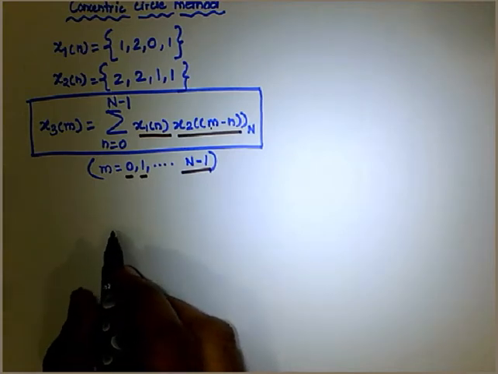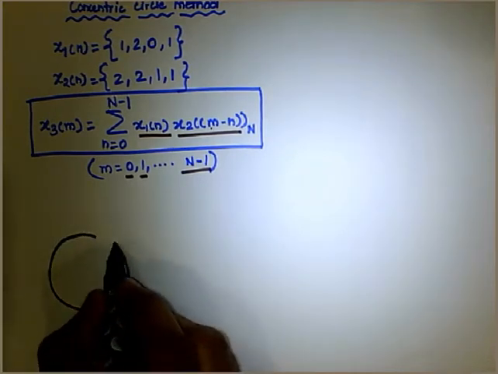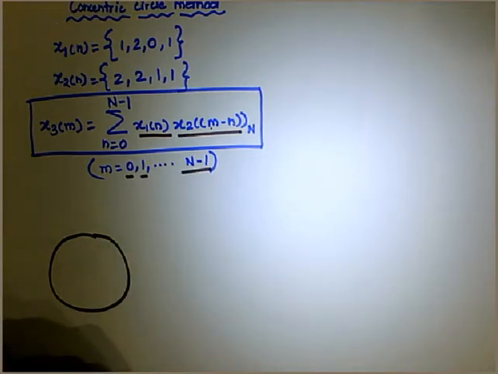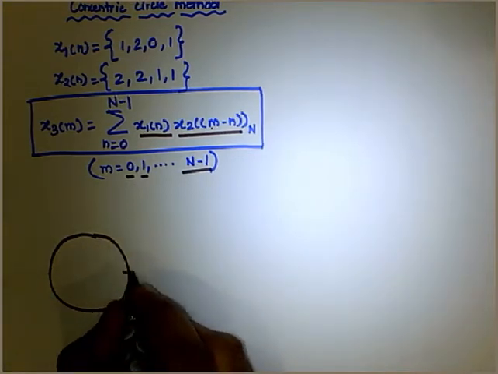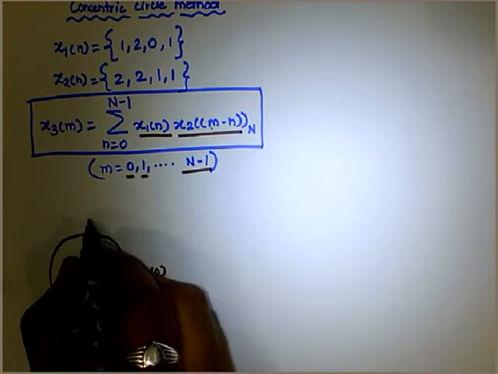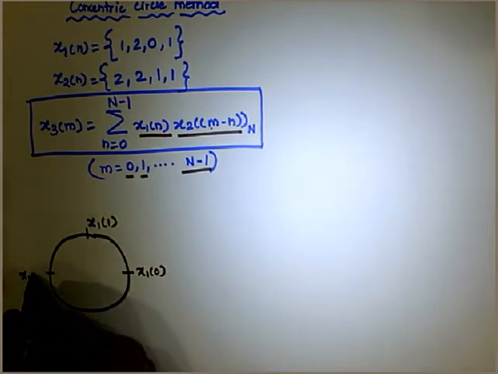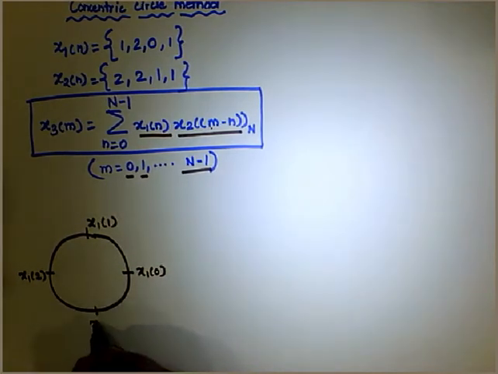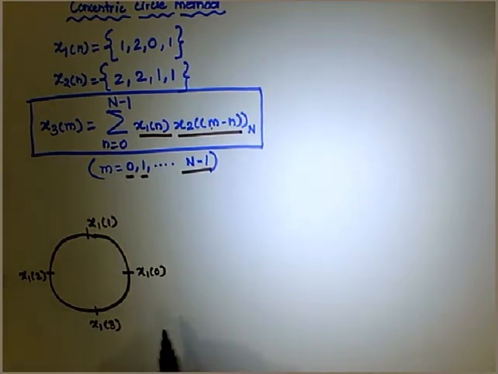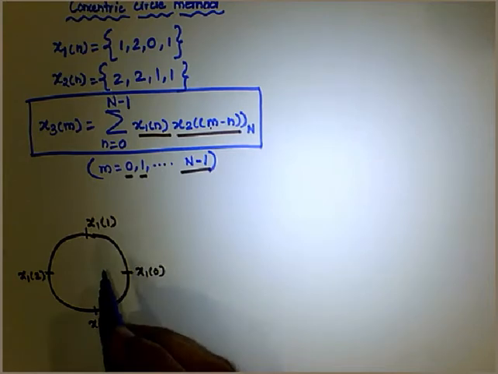So if I want to plot one of the circles, this is the circle for x1. Let's say this is x1 of 0, this is x1 of 1, this is the point x1 of 2, this is the point x1 of 3. So if these are the points, let me plot here the outer circle also, which will be simply the x2.